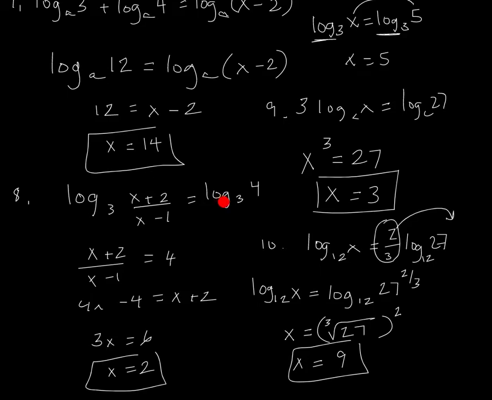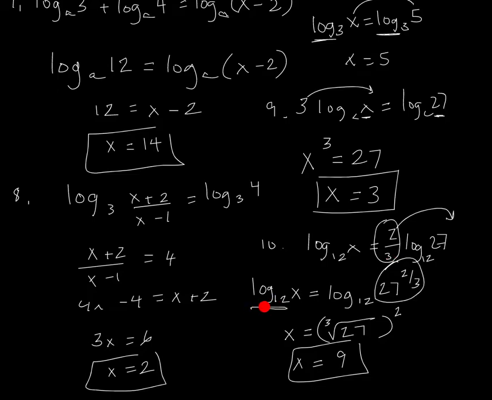Just like in number 9, we popped the 3 up as an exponent on the x and made it x cubed, right? So if it's in the front, it pops up as an exponent, and then you set the arguments equal to each other. So I popped the 2/3 up as an exponent on the 27 and got this.